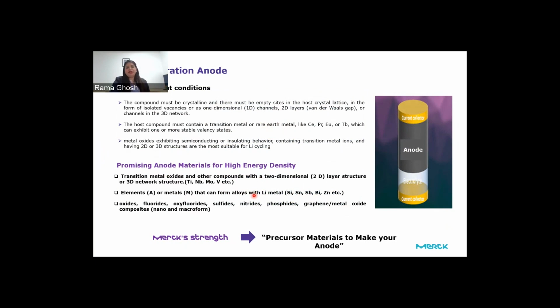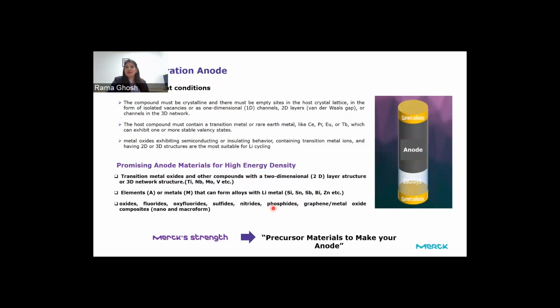Another is the elements of metals which have the capability to form alloys with lithium metal, especially silicon, which has been used, tin, antimony, bismuth, zinc kind of metal ion. And the third is oxides, fluorides, or sulfides. That means the ceramics have the property, or their composites, which are basically in nano and macro form.